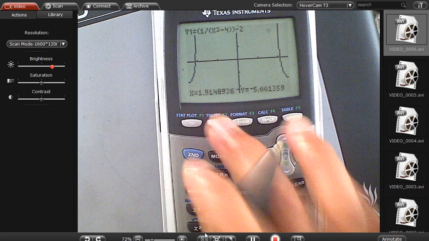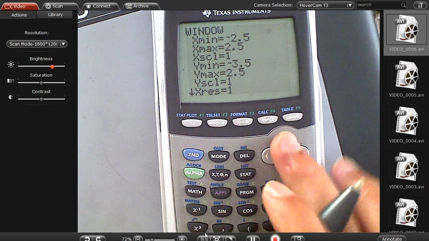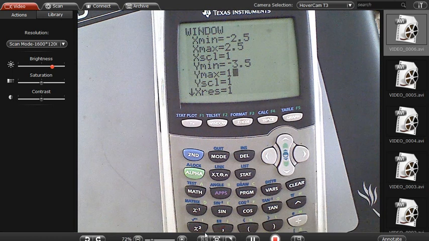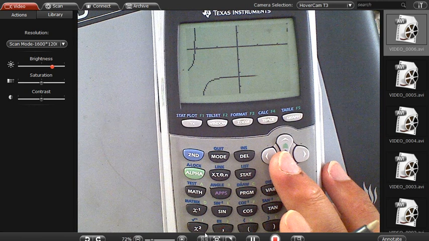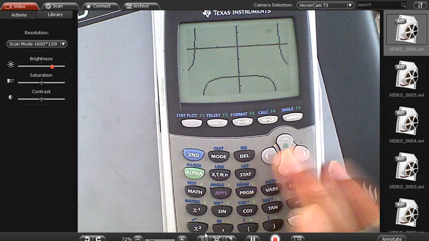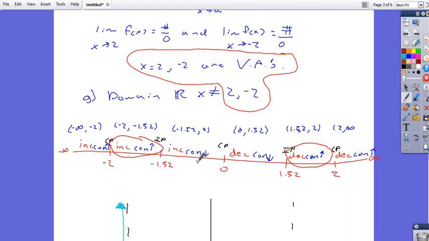Window Ymin negative 0.5, Ymax 1.5. I just want to see the bottom of the graph, and okay, so yeah, it's definitely concave down all the way, guys. So it'd be interesting to see who can find the mistake I made to have that 1.52 and that negative 1.52 in there. I knew I made a mistake somewhere, but I had already started filming, so I couldn't catch my mistake. So that shouldn't be there. I'm fairly sure of it.